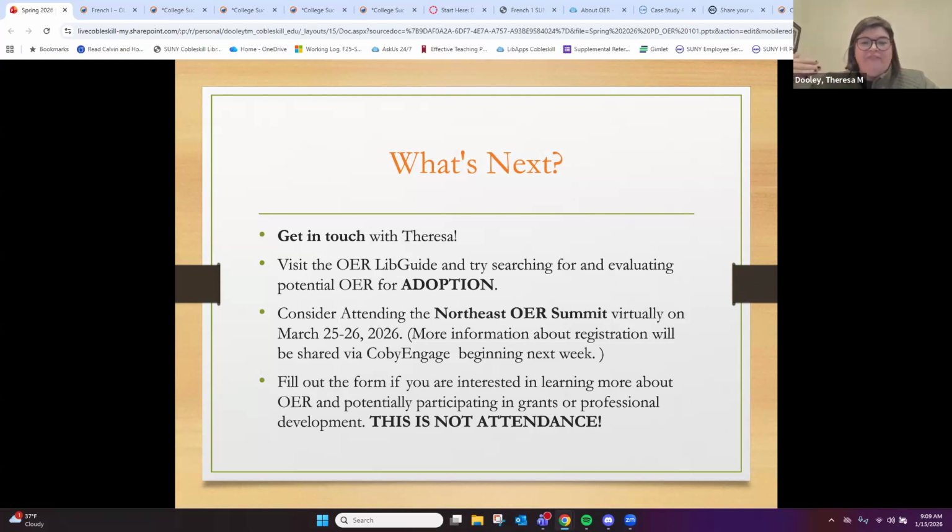Registration for that is $35. We keep that at a low cost, again, trying to make it accessible. We're going to be focusing a lot on bridging AI in higher education and OER. That's definitely something that is changing the landscape, and we're going to be talking about that a lot. So if you're interested, consider applying for that.